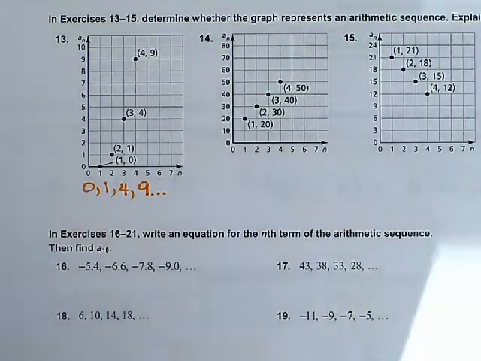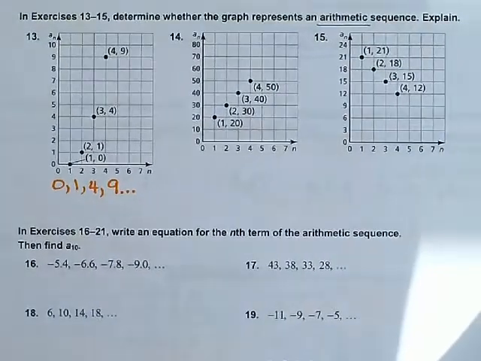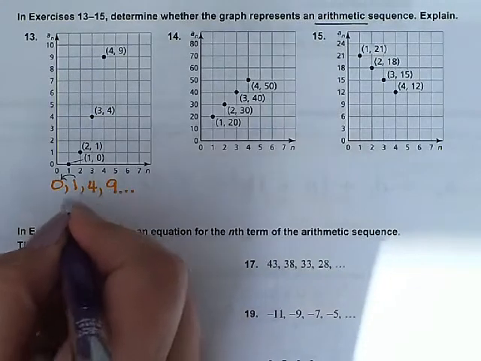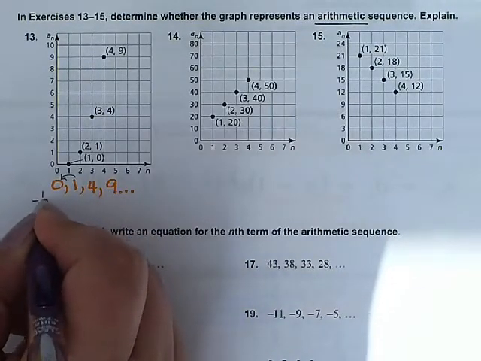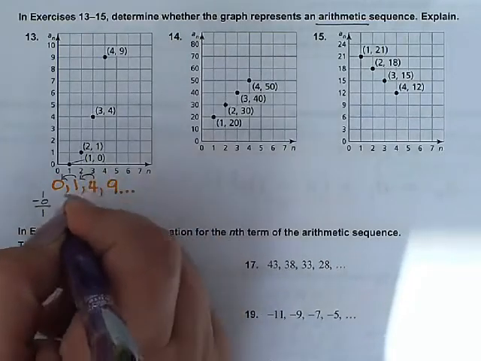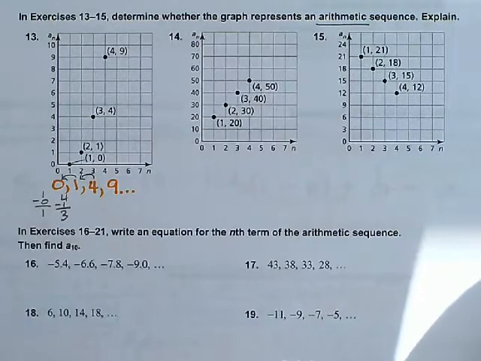And then we could do our test, right? Well, if this is arithmetic, which is what they're asking me about, then I should find a common difference when I subtract or find the difference of 1 minus 0. Well, that's 1. And then when I do 4 minus 1, well, that's 3. So that's not a common difference. They don't have that in common, right?